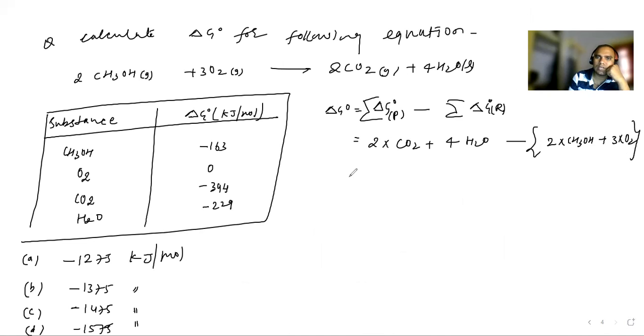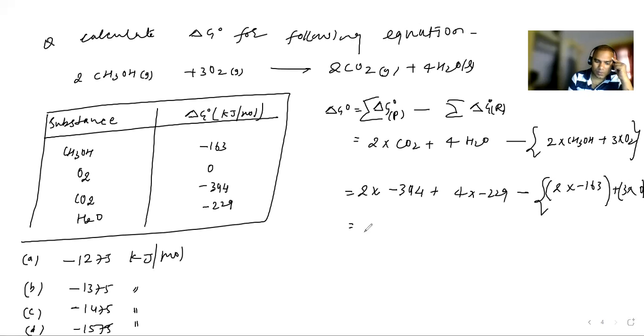Is it okay to understand this one? 2 into CO2, minus 394, plus 4 into water, minus 229, minus 2 into methyl alcohol, 163, plus 3 into oxygen, 0. If you solve it, how much is coming? Minus 788, something like that.